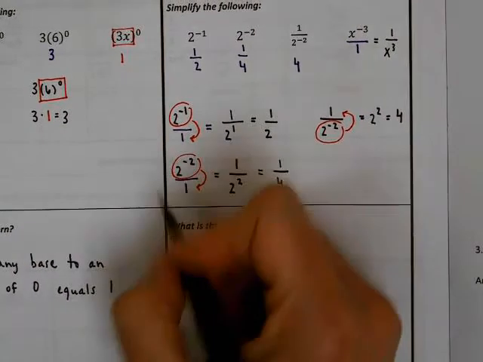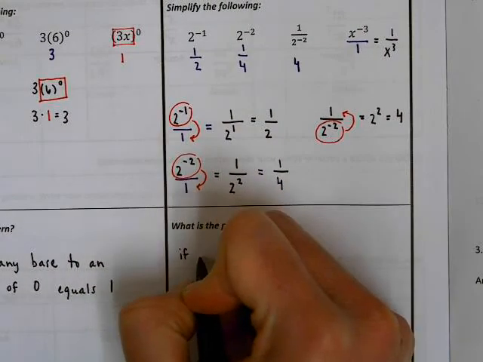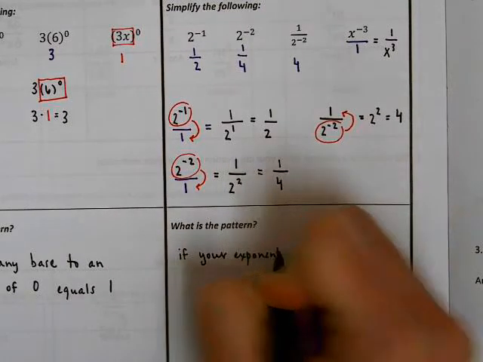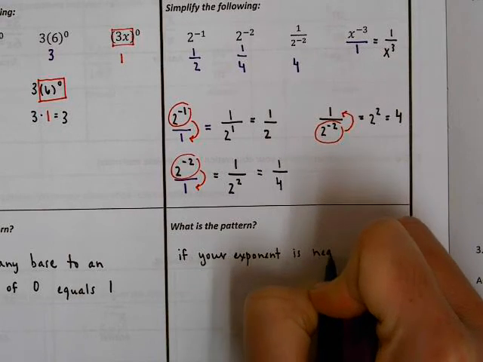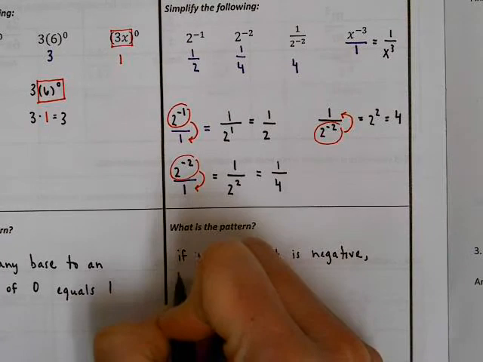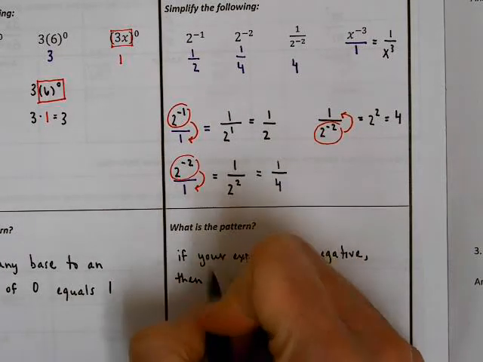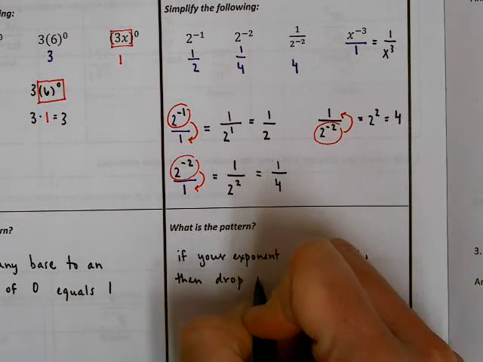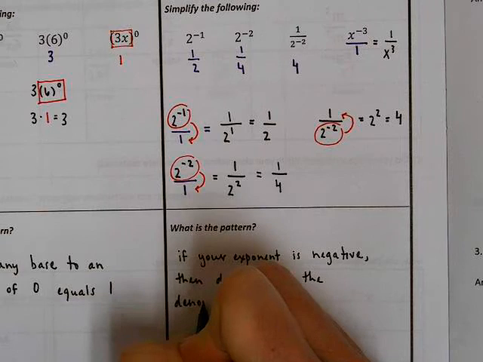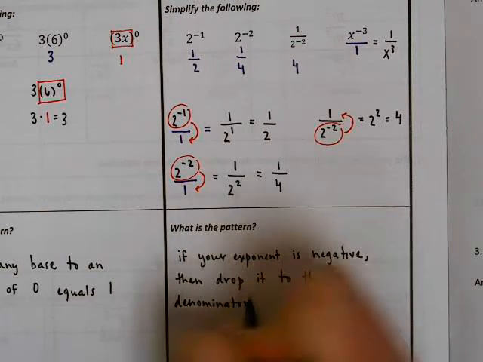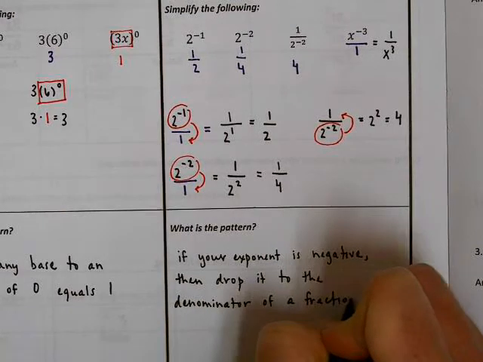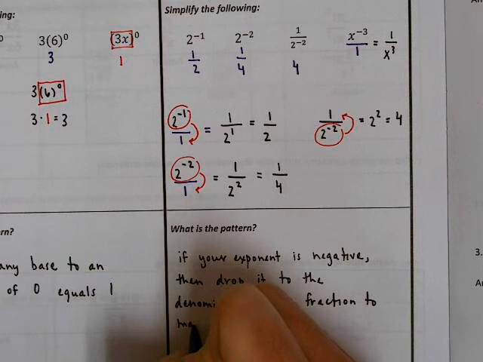So here's the pattern. If your exponent is negative, then we're going to drop it to the denominator of a fraction to make it positive.